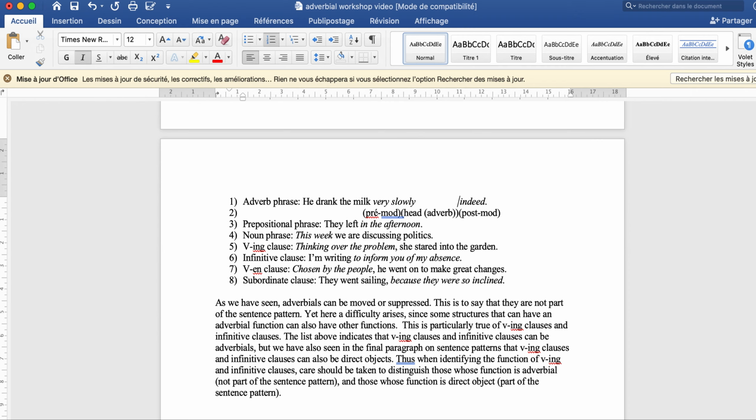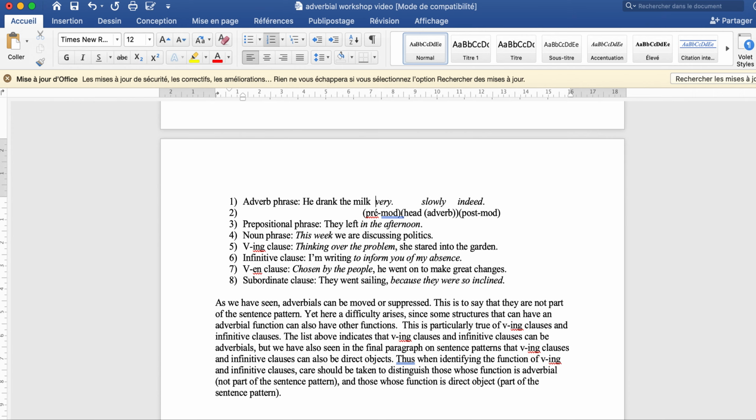I hope this is clear. I think it's actually clearer this way because you can see things. So we're going to nudge our head adverb into place. Okay, so hopefully this way of organizing things puts things where they should be.